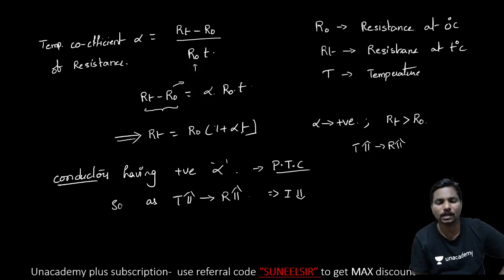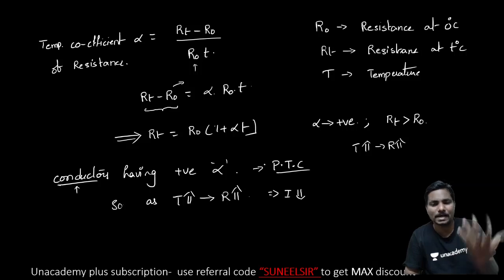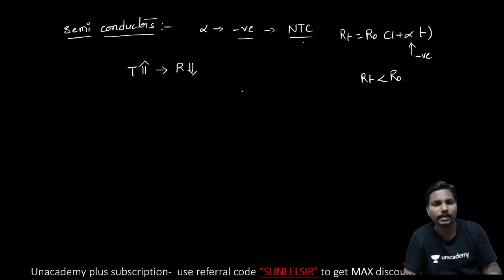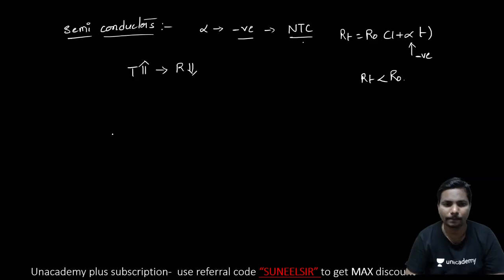In case of conductors, there is a positive temperature coefficient, so it is directly proportional. Here there is a negative temperature coefficient, so it is inversely proportional. In this way, the resistance depends upon the temperature.